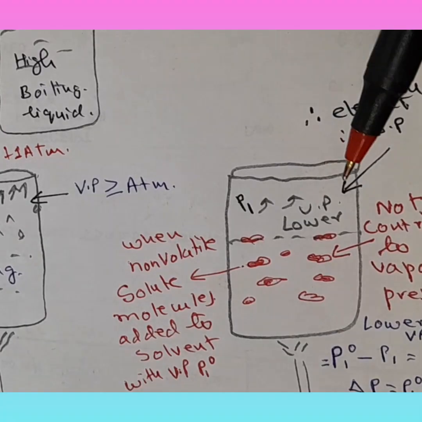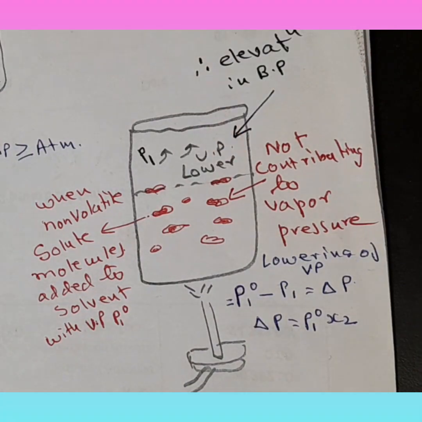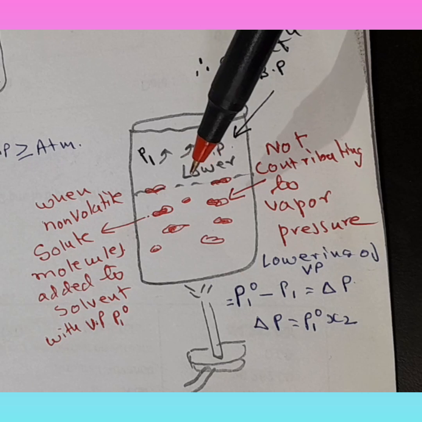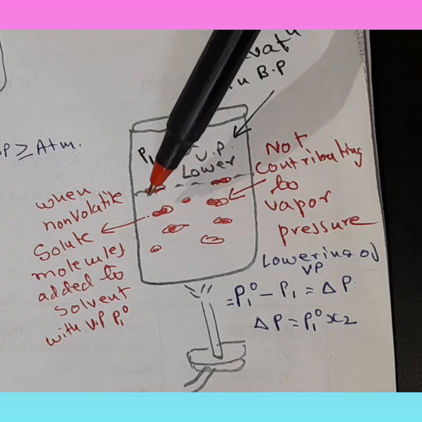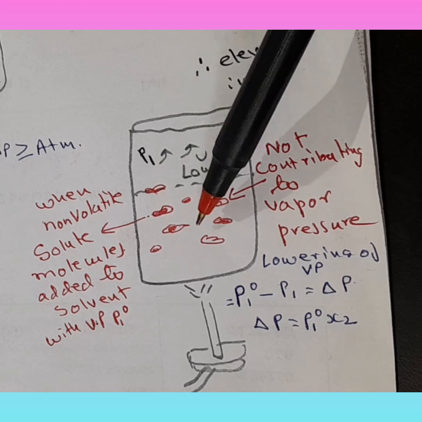Now let us come to this part. What do we see here? We see elevation in boiling point. Just think of us preparing tea. Before the water starts boiling, we put in tea powder.